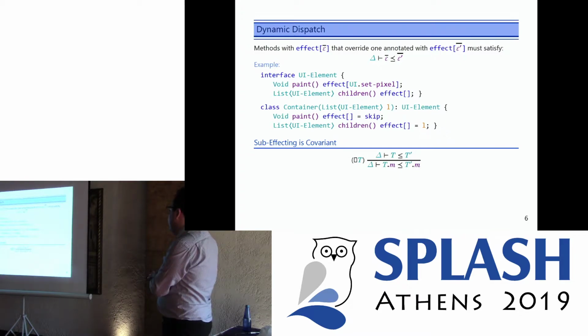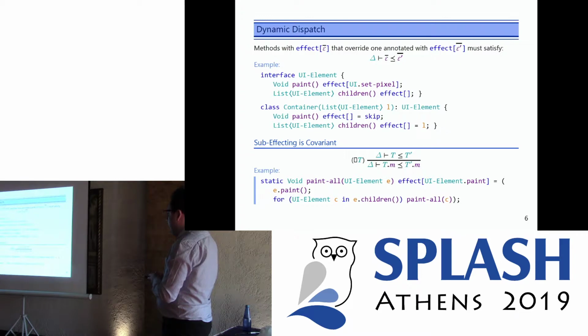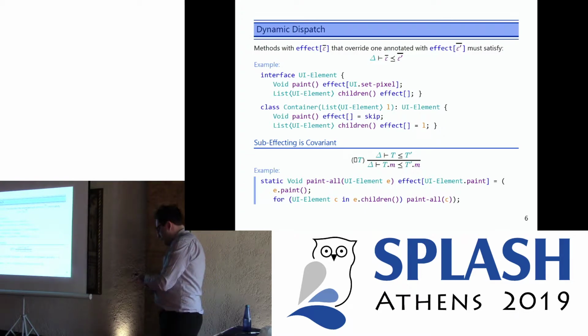What it says is that a method is a sub-effect of any method it overrides. And so here we've got a paintAll method that has an effect UI element.paint. Internally, it can call paint on containers and all sorts of other things. Doesn't matter, because all of those paint methods are implementing UI element.paint, and so it can't do any more than that.